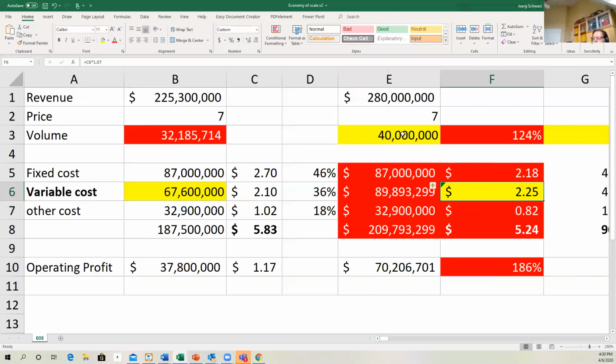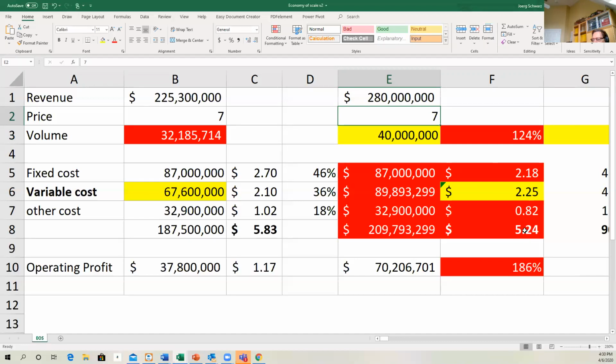So I'm making now 40 million units of liquid, which, by the way, since liquid has a higher demand, I have a much better chance of selling 40 million units of liquid at $7 than if I stay at powder. Now let's look at what this change did.